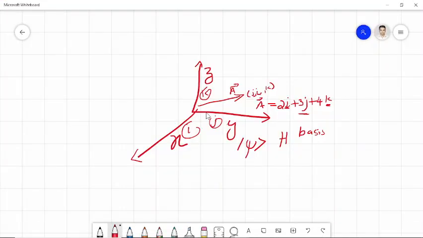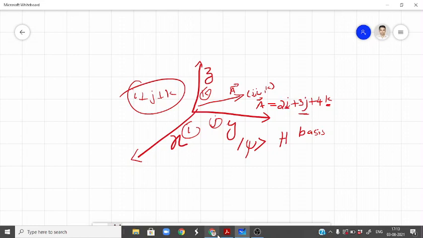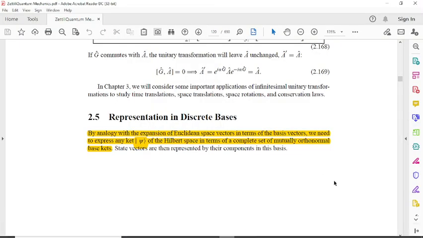Here they are mutually orthogonal: i is perpendicular to j and perpendicular to k. These are mutually orthogonal vectors, orthonormal vectors.